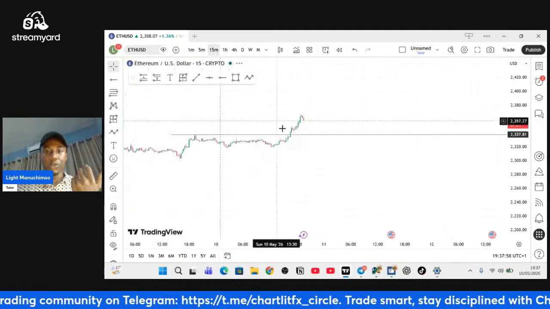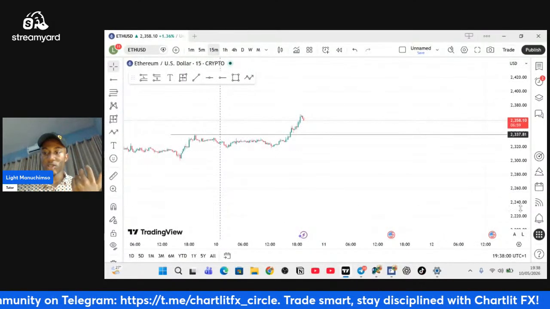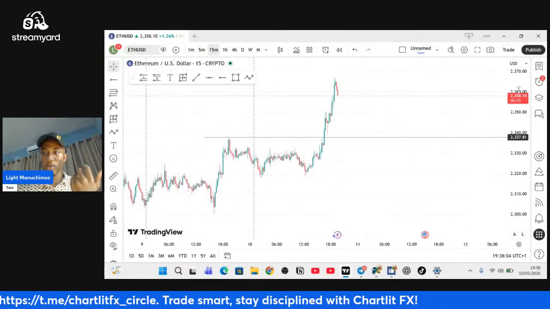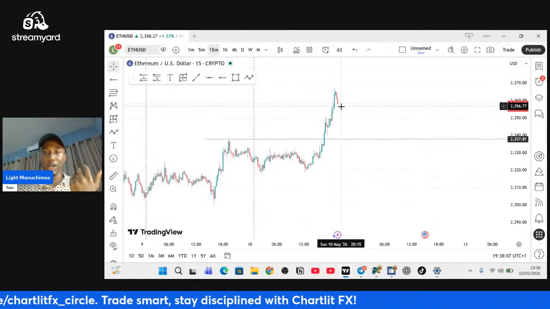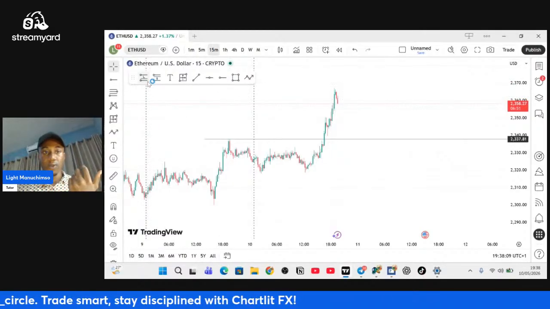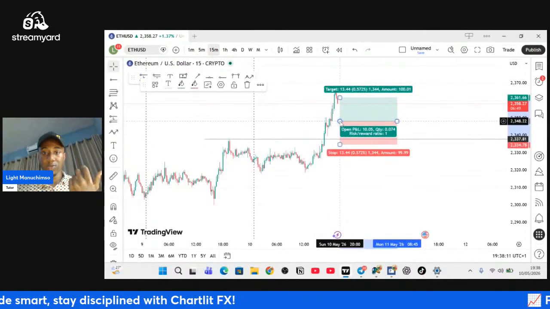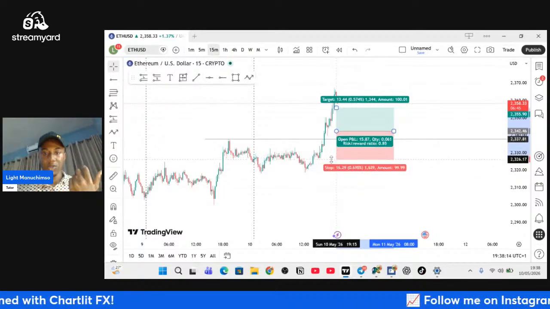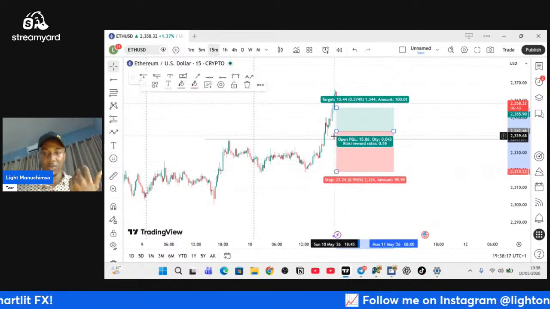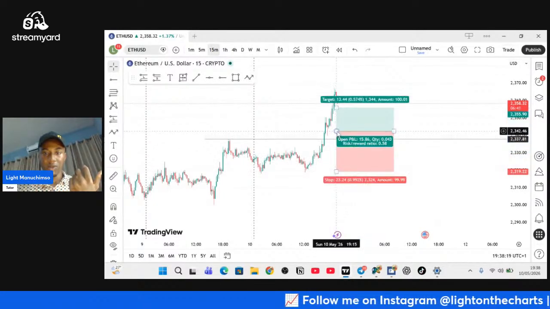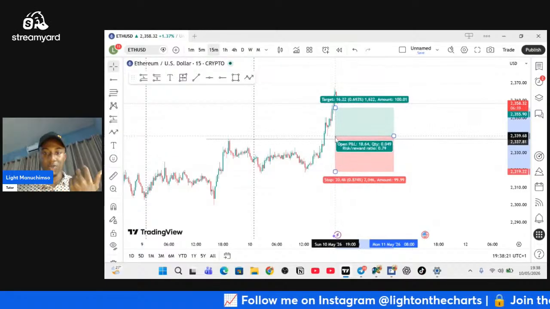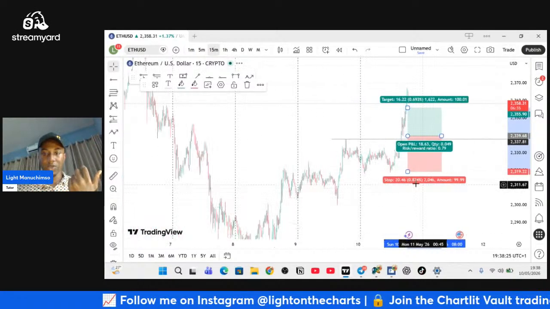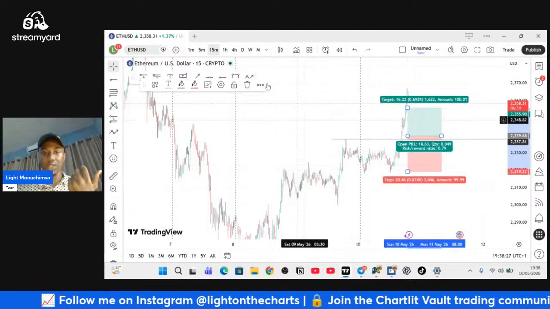You can see on the 15 minutes I look for entry. Right? That's broken it, and I'm gonna be looking for entry. Right now it's pulling back. So if I were to get in, I'll wait for price to pull back to the previous day's high, somewhere around here, so that my stop loss can be here, because this is the point where price rejected last.